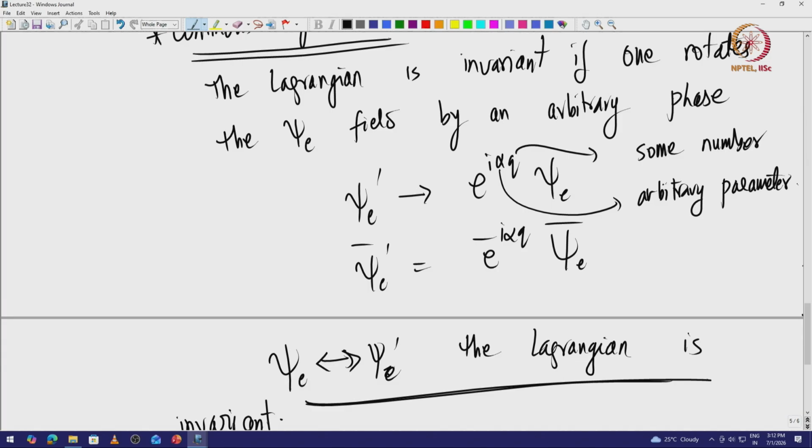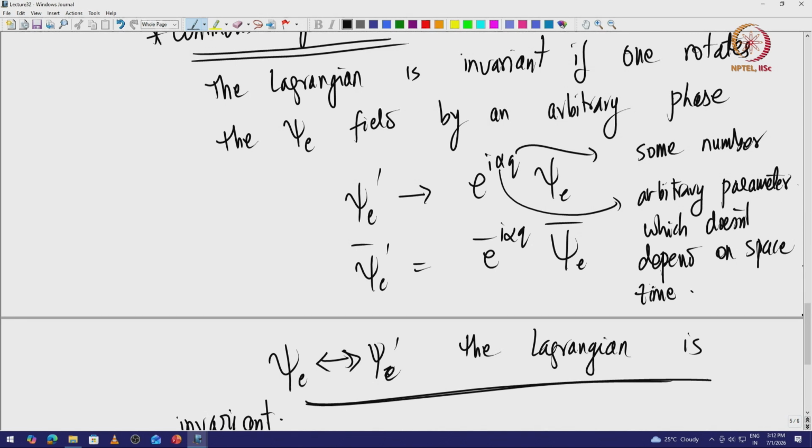It is a global parameter, which does not depend upon space time. That means it does not change at every space time point essentially.